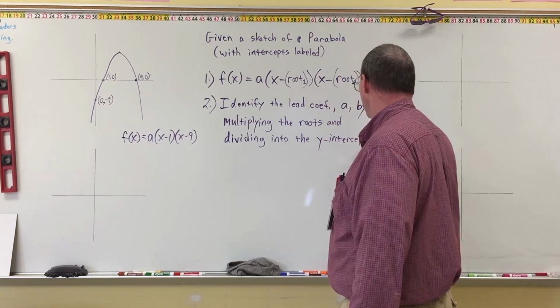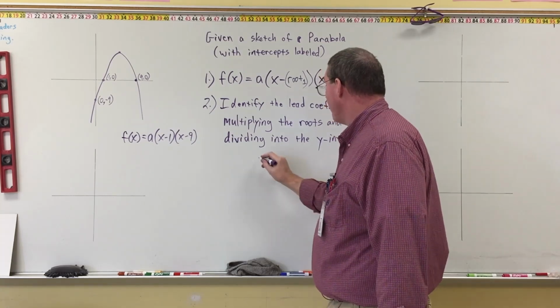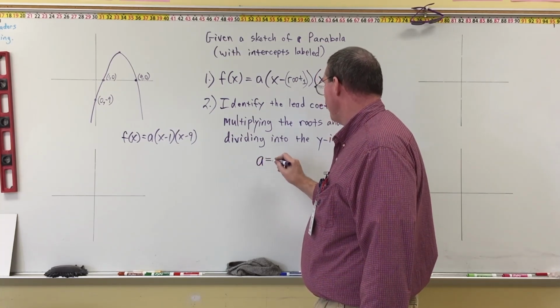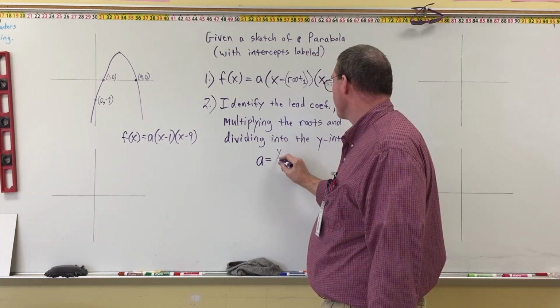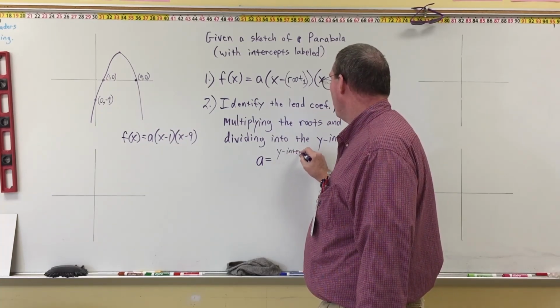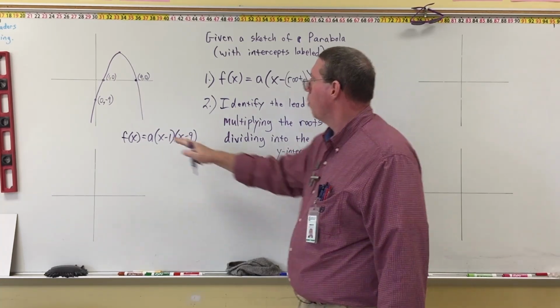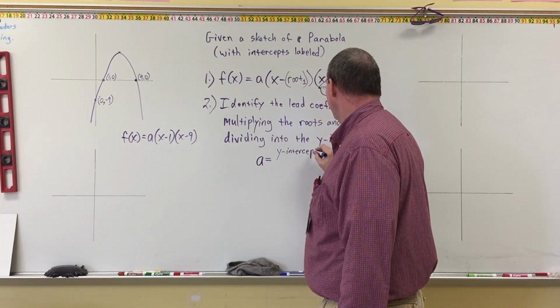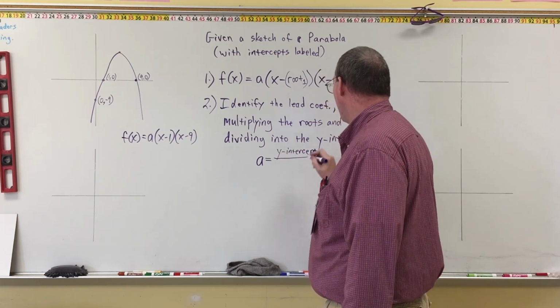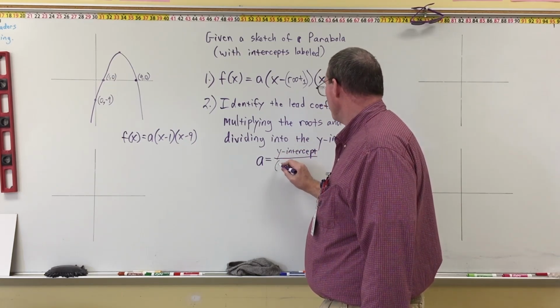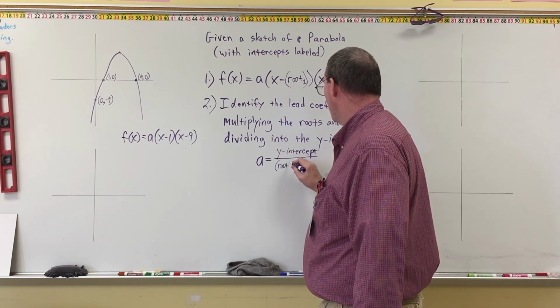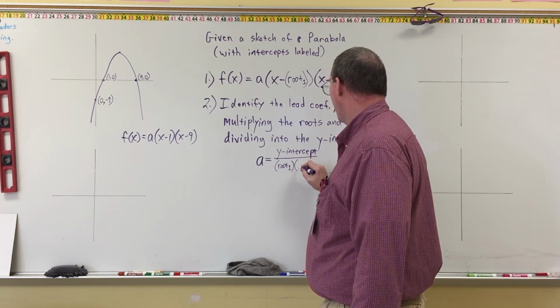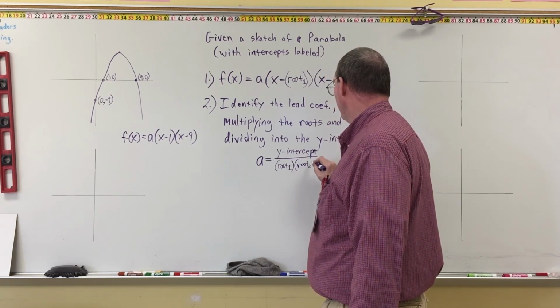So that means the lead coefficient a is equal to the y-intercept, not the coordinate, just the y here, the negative 9. The y-intercept is divided by root 1 times root 2. That's it.